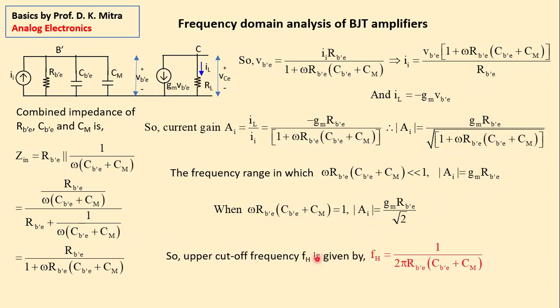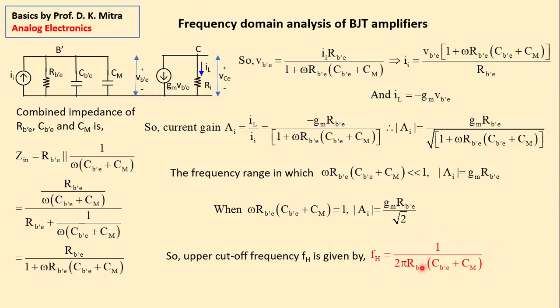So the upper cutoff frequency is actually when omega equals omega r, and this is equal to 1. So omega is 2 pi FL, so FL is FH. So FH equals 1 upon 2 pi RB'E times (CB'E plus CM). So what decides the upper cutoff frequency of my amplifier?